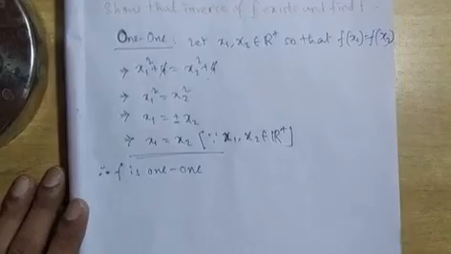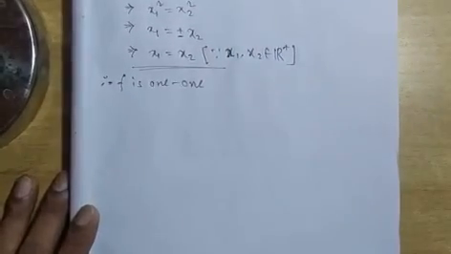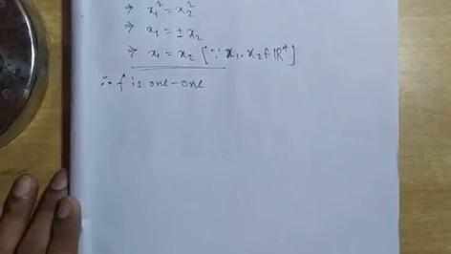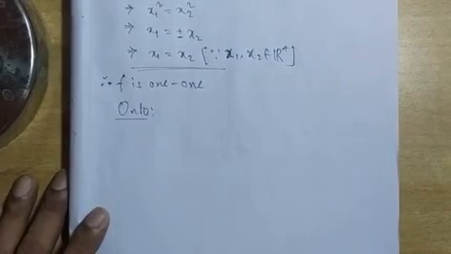So this condition shows that f is one-one. So the first part is done. Then the second part is what? We have to show that the function is onto. So for onto, what do we have to do?